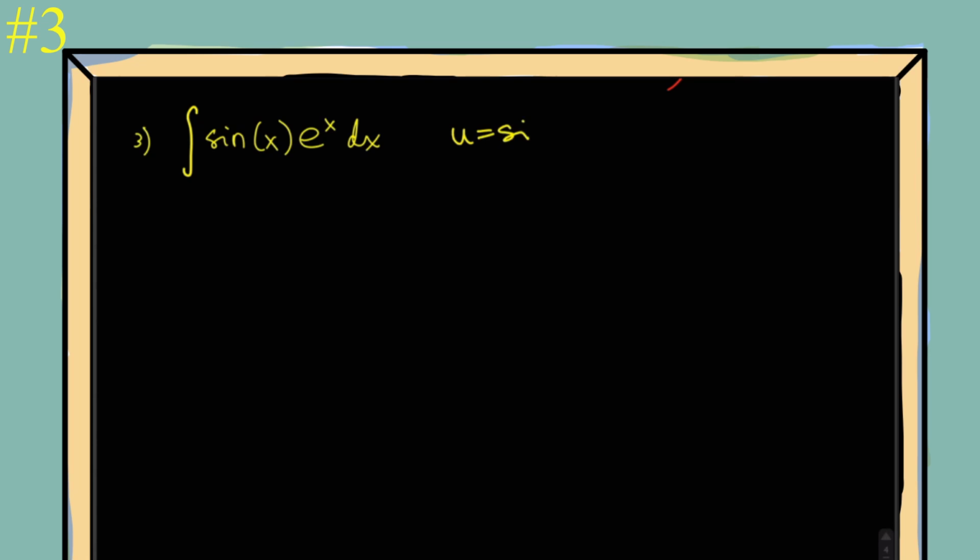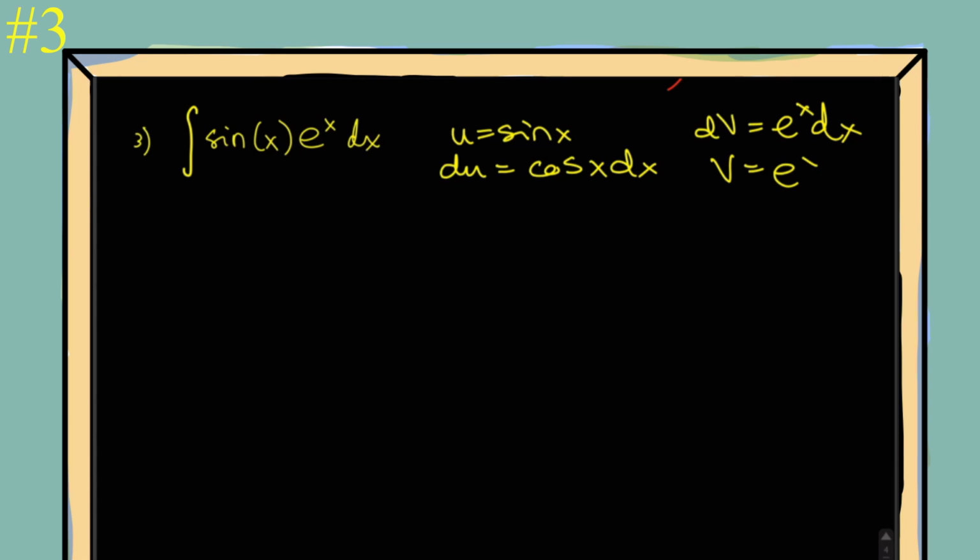So u equals sine of x, du is cosine x dx. And so dv is going to be e to the x dx, v is e to the x, and I is uv minus the integral of v du by the by parts formula.